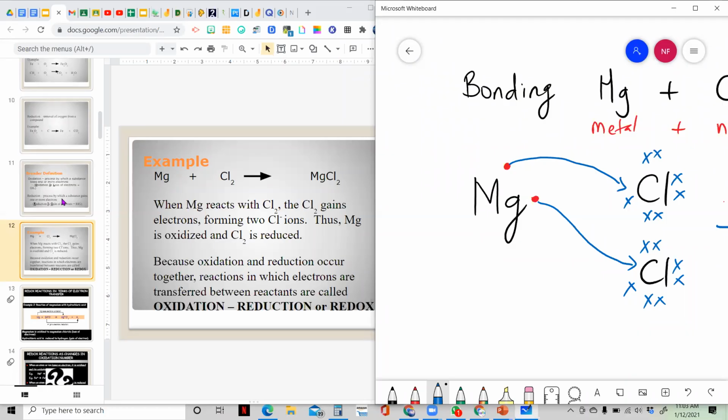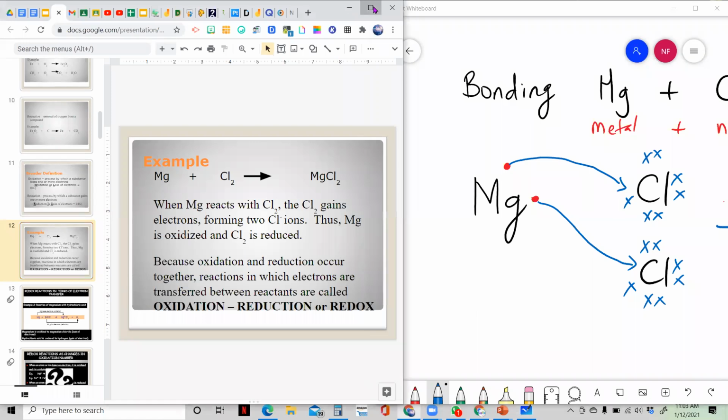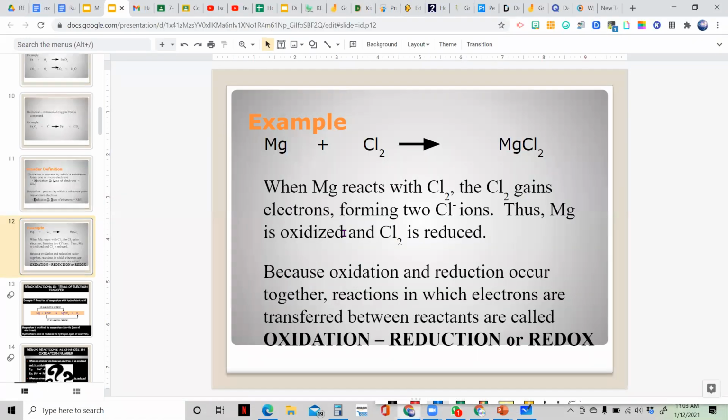So that's just looking at one of the definitions in terms of loss and gain of electrons. All we have to do is look at which species is losing electrons and which one is gaining electrons.